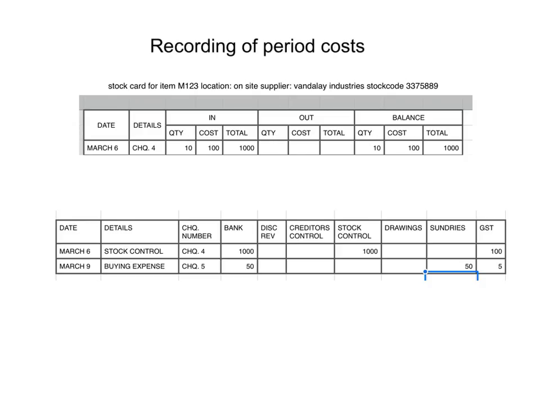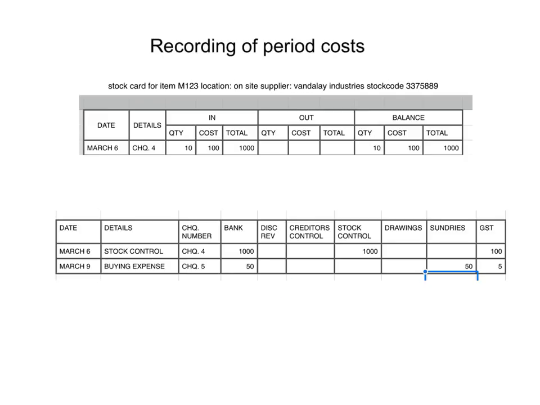So if we look at the way it's recorded in our subsidiary stock card to start us off, there is no entry in here. That first check for the 10 items at $100 is the only thing that's in the balance of this stock card. There's no extra entry because there's no extra added value to the stock item.